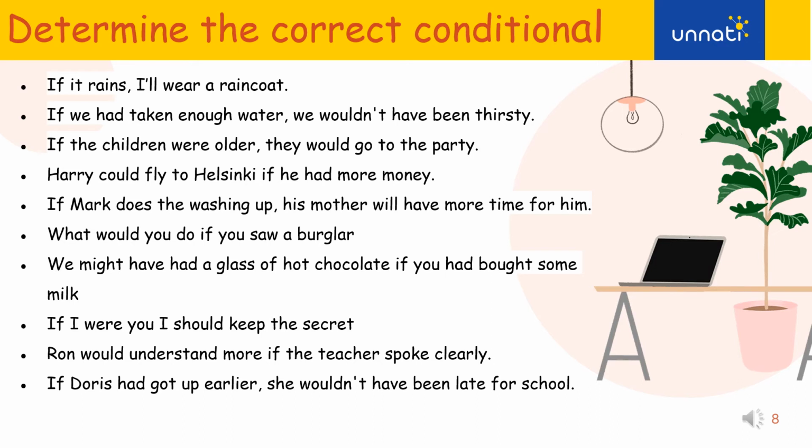I will wear a raincoat, in simple future. So hence, this is a first conditional sentence. So this is how we would do the rest of the exercise. So take your time, guys, do the exercise, and I'll be right back with the answers in the next slide.